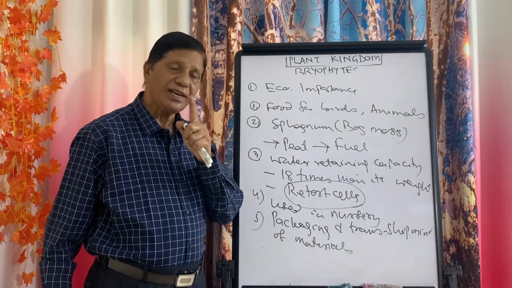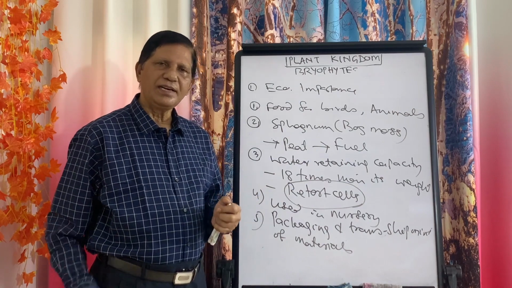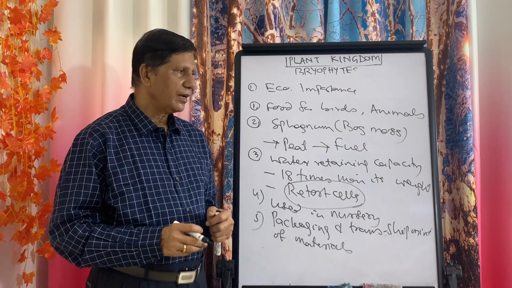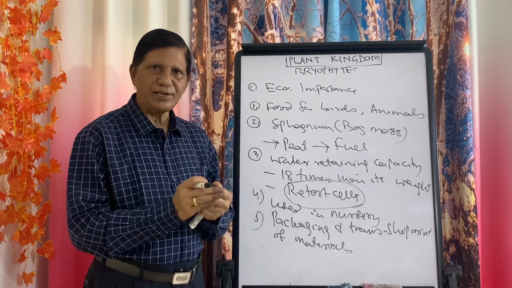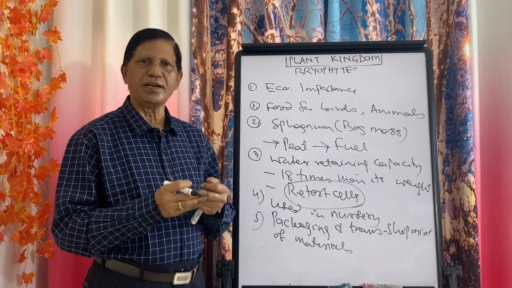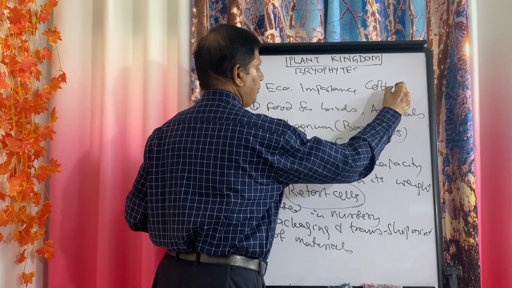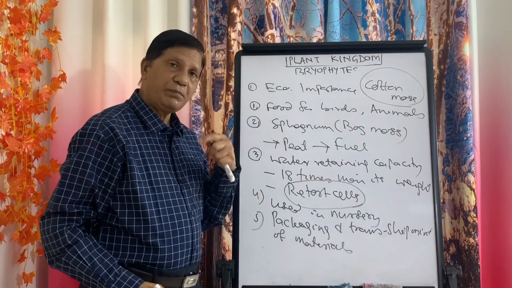Again, besides the water retaining capacity, it also has some antibiotic properties. That is why it can be used for bandages in hospitals. That is why it is also known as cotton moss, because it can replace cotton.